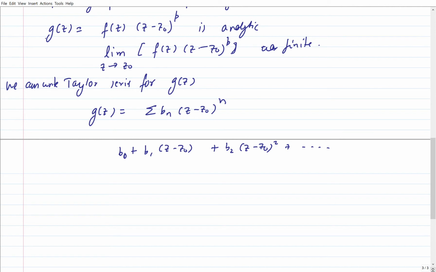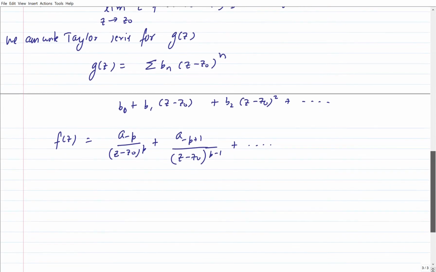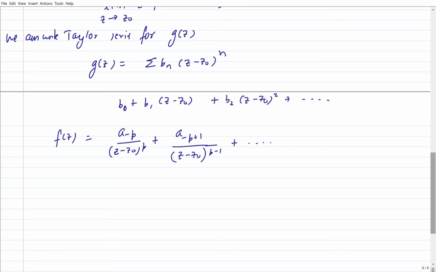And from this relation, f(z) can be written as a_(minus p)(z minus z0)^(minus p) plus a_(minus p plus 1)(z minus z0)^(minus p plus 1), and so on and so forth. And certainly, as we shall see, the a's and b's are related because g and f are related.